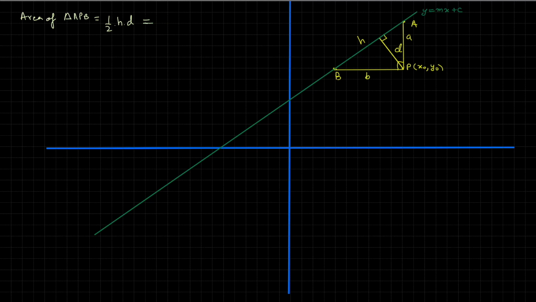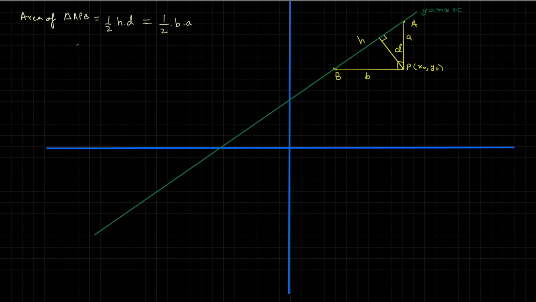But we can also choose a different base for the triangle. Let's say BP is the base. In that case, the height is AP. So the length of the base will be b and the height will be a. And the area is also half times b times a.